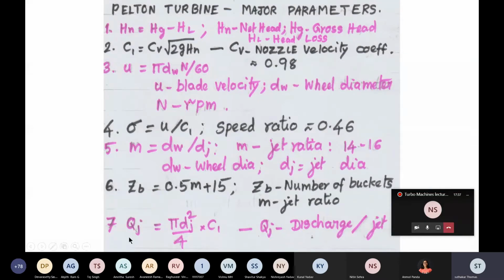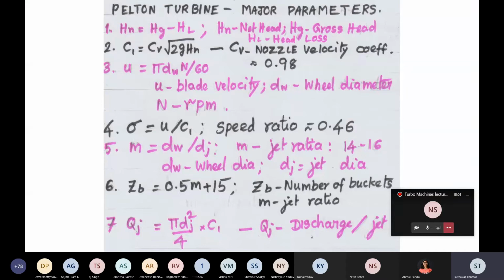Then Q jet. That is pi d jet square by 4 into C1. See, why we separate Q jet is sometimes you will have more number of jets. Yesterday we had seen that in a horizontal Pelton wheel setup, 2 were shown. In a vertical shaft Pelton wheel, even 4 was shown.